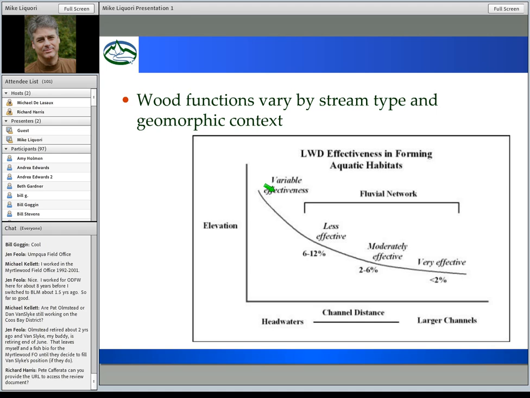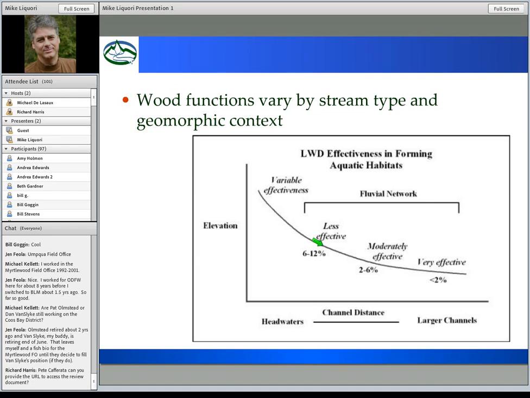So when wood falls, it tends to span over the channel. It doesn't directly interfere or influence the fluvial environment. And by the time it breaks down enough to drop into the channel, it usually has a very low residence time. It's usually decayed enough that it'll break down and move downslope fairly quickly. Not always, but generally the wood functions are lower there.